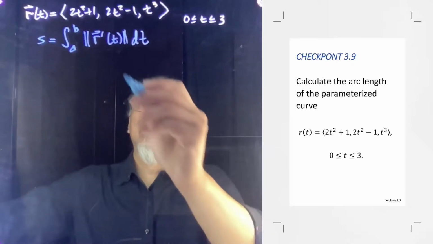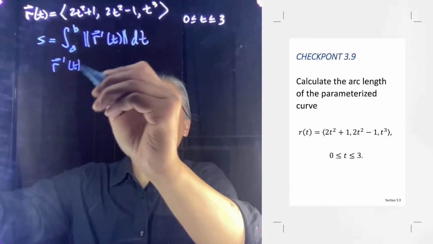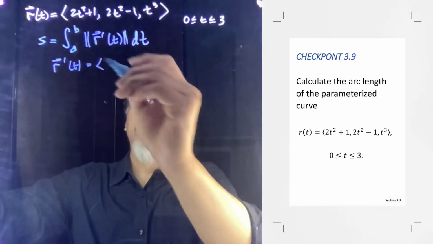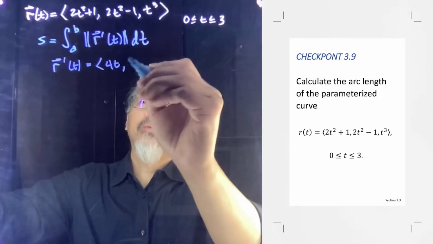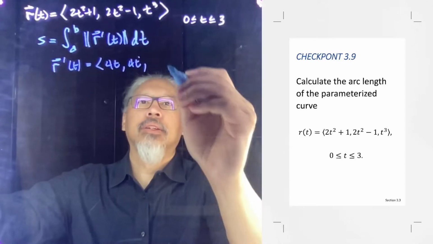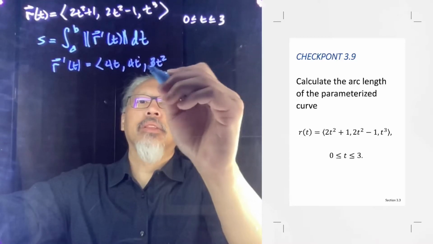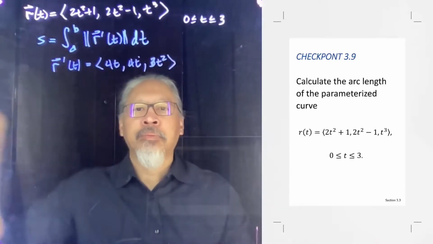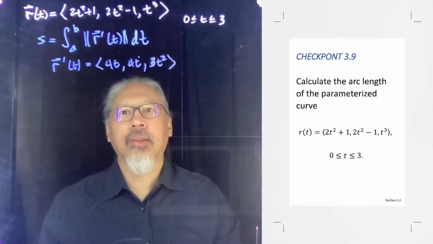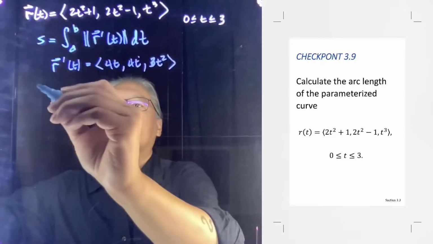and we only need to do the magnitude of the derivative. So let's first find the derivative, and that will end up being 4t comma 4t comma 3t squared. Okay, now let's take the magnitude.